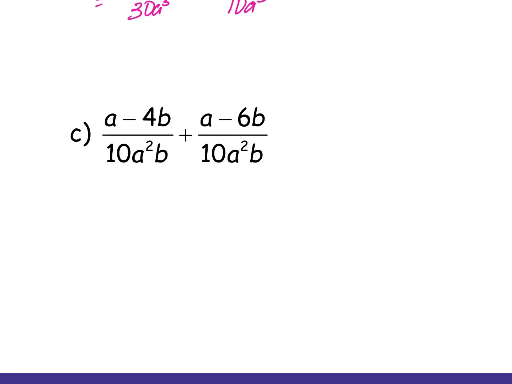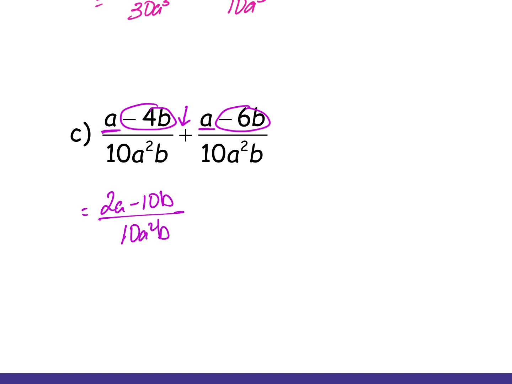So now I have a plus sign again, so I'm going to just underline and circle my like terms. So a plus a is 2a, and negative 4b plus negative 6b is negative 10b all over 10a squared b. And all three of the terms can be divisible by 2.